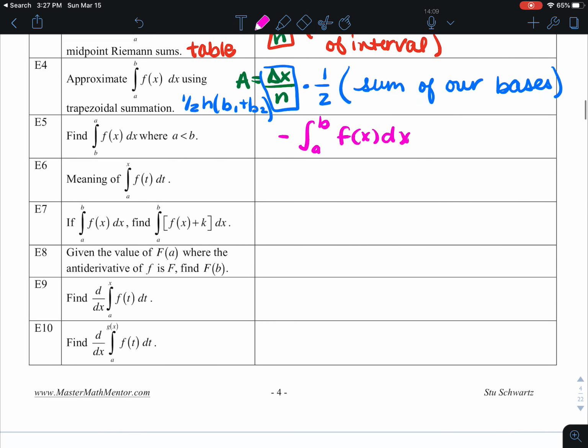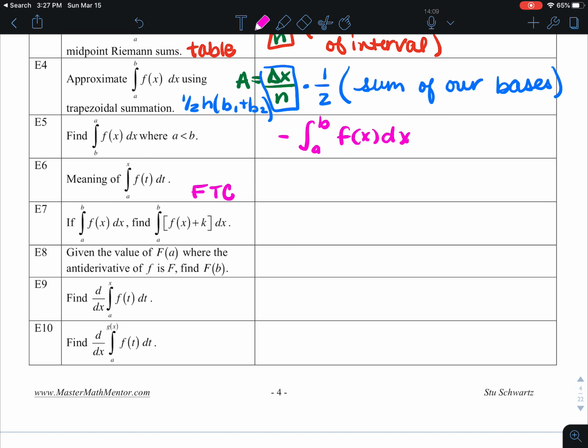E6 shows up a lot. I think on the 2 free response questions I assigned for homework, both of them entailed some sort of integrating to a variable. When we integrate to a variable, that is known as the fundamental theorem of calculus. And so what that means is really you're just going to wind up plugging into an accumulation formula, right?